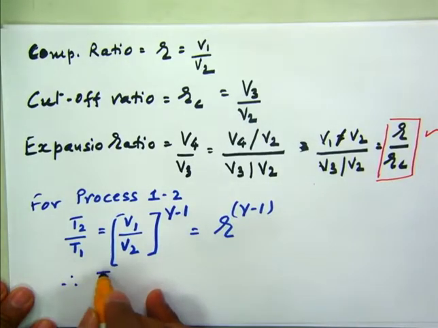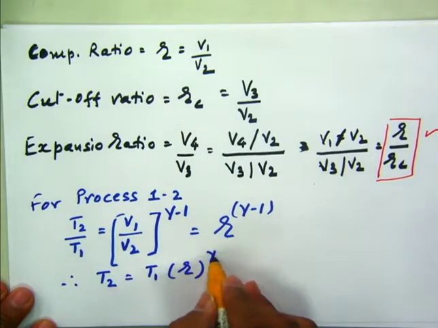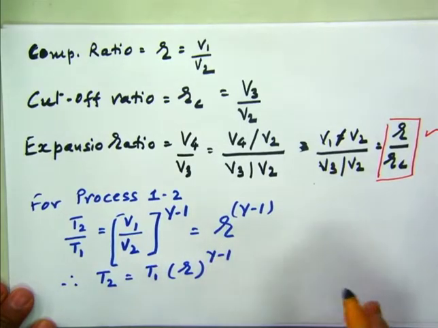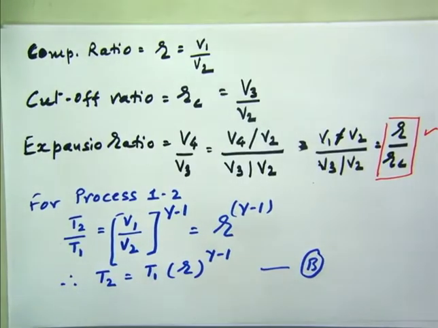Hence, T2 is equal to T1 into R raised to gamma minus 1. Let us say this equation is B. We will use this later on.